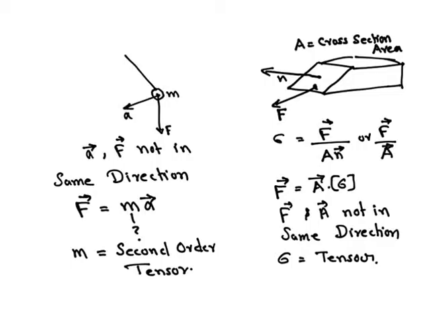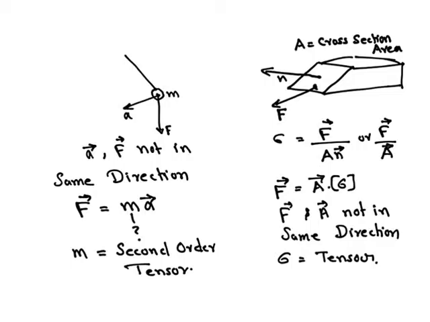Similarly, you can see there is one slanted cross section. Okay, so area is a vector. You may know area is a vector with its normal as its direction, and force is always a vector. So in the second column, you can say that stress is force by area. So force equal to A into some sigma, which I put in square brackets. Why?